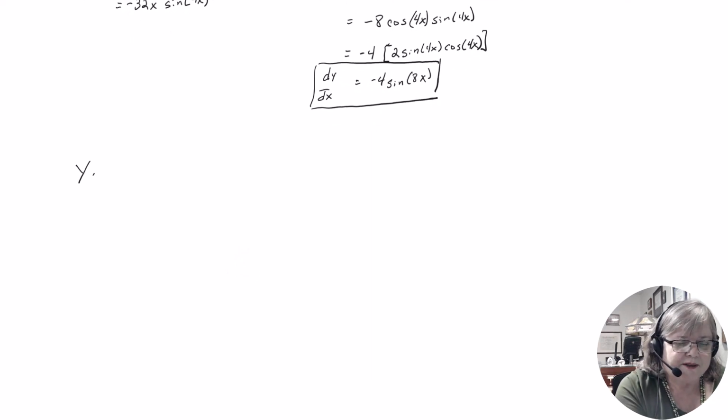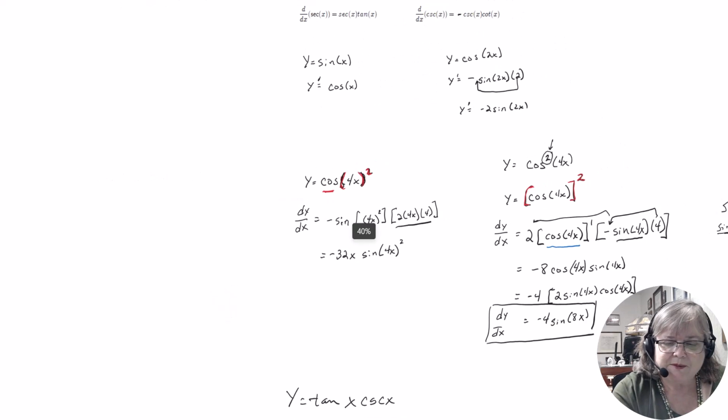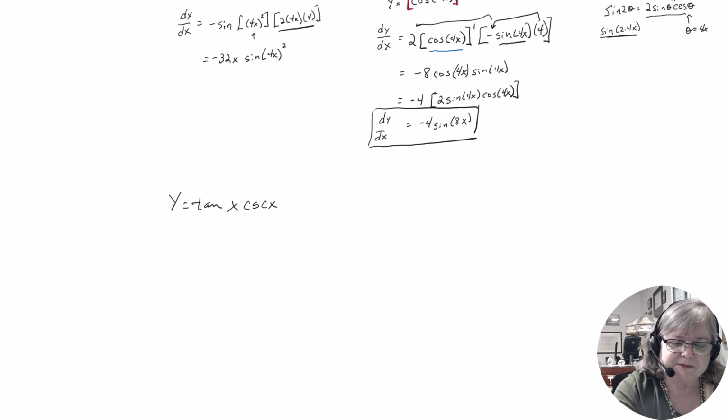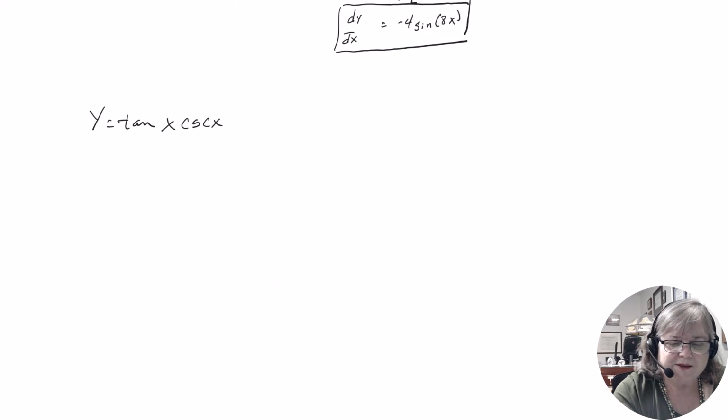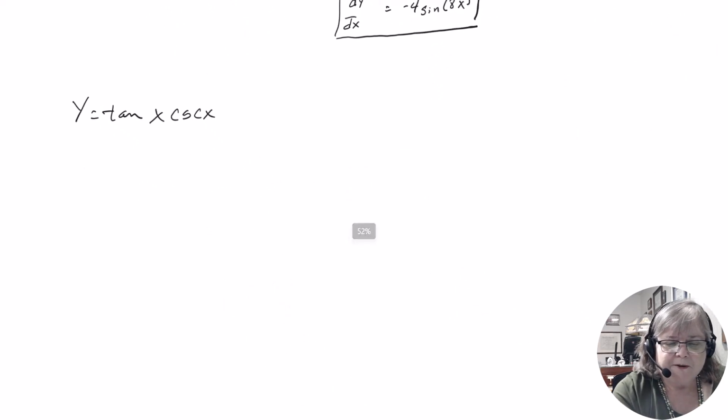Let's do y is equal to tangent x cosecant x. And so we're going to practice this because we haven't done tangent and cosecant yet. All right. Now, tangent x and cosecant x, that's the product rule, right? So let's do y prime.